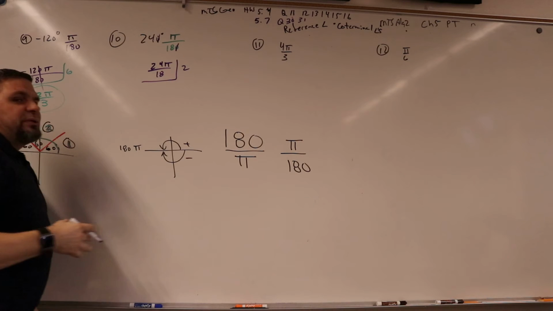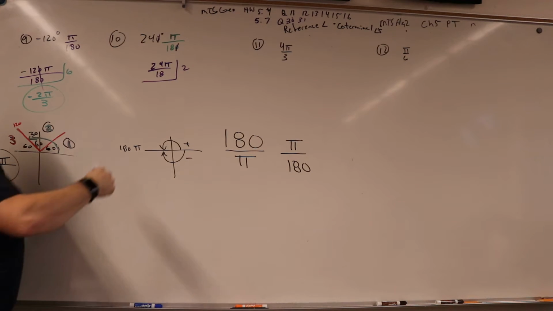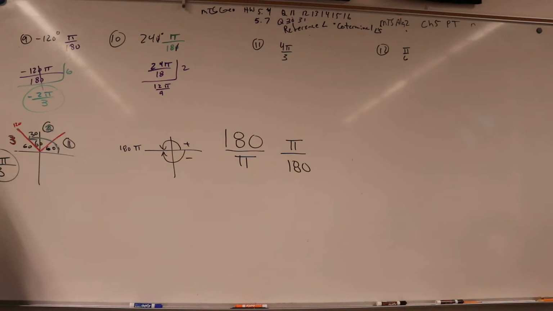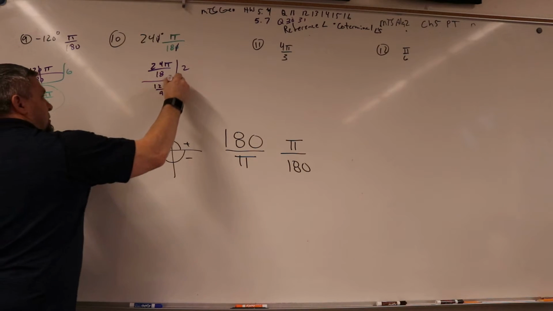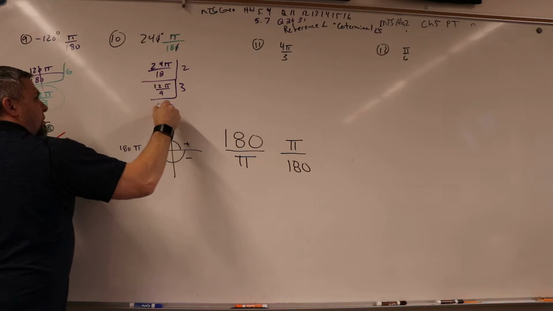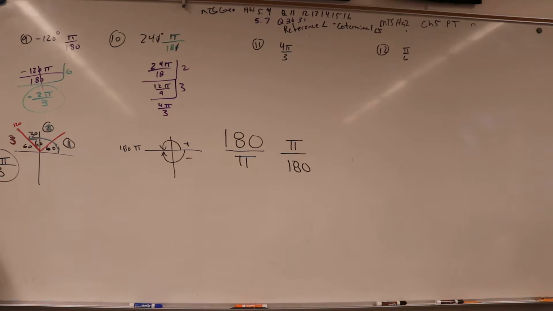Let's say you only saw 2. That would be 12 pi over 9. What goes into 12 and 9? 3. How many times? 4 over 3. And then what goes into 4 and 3? Nothing. So it's 4 pi over 3.